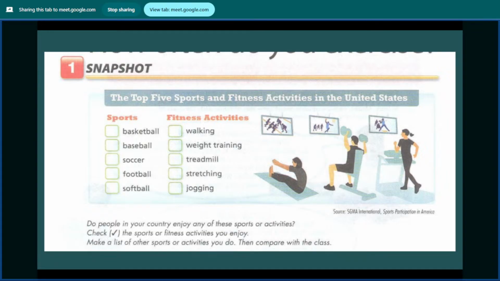My country enjoying basketball and football. Sports and activities are walking, stretching, jogging. Walking.